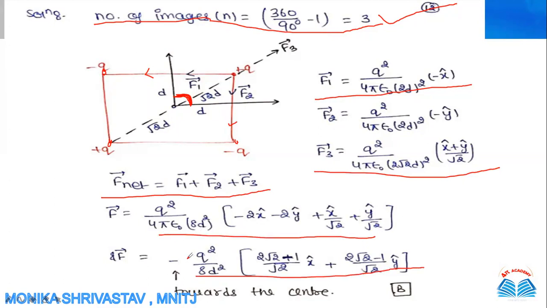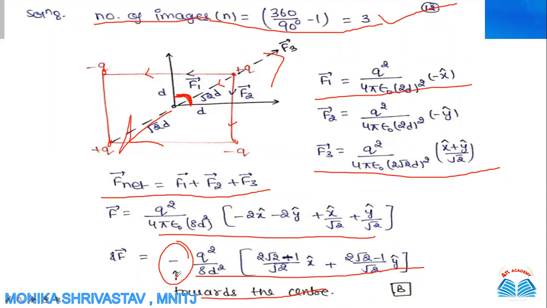This minus is coming. Okay, your resultant force for these two will be in this direction. Force for this one will be in this direction, but there are two charges, so there is a resultant. So this force will have higher magnitude. That is why the charge will displace towards the center. So the direction is towards the center.